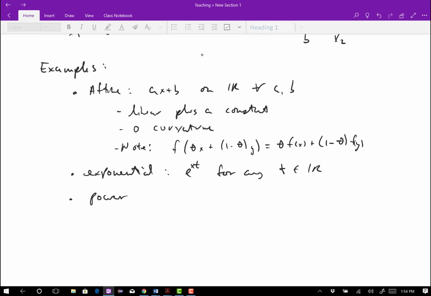Powers: x to the a, defined on R++, that's the domain, for a greater than or equal to 1, or a less than or equal to 0. If a is between 0 and 1, then we don't have a convex function. Powers of absolute values.